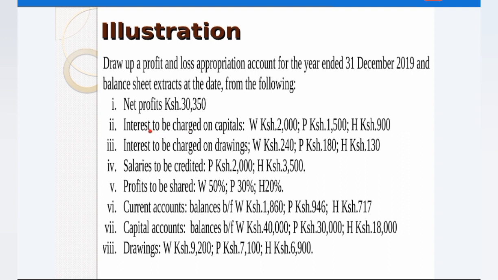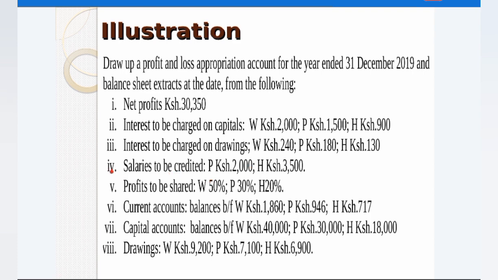In this case, we have been given, number 2, the interest to be charged on capitals. So our partners are W, P, and H. So interest to be charged on capital for W, 2,000, for P, 1,500, and for H, 900. Then we have the interest to be charged on drawings: for W 240, for P 180, and for H 130.